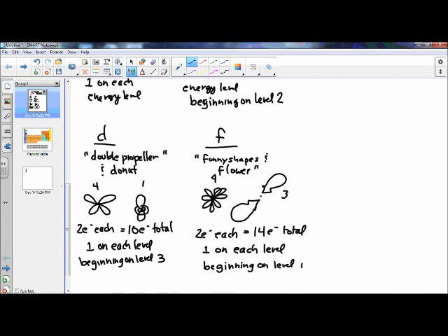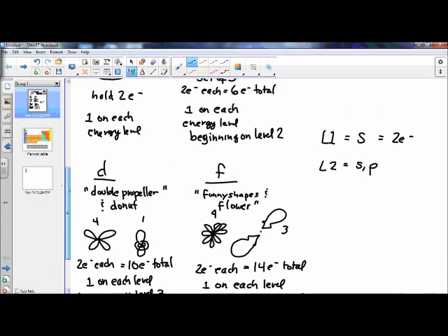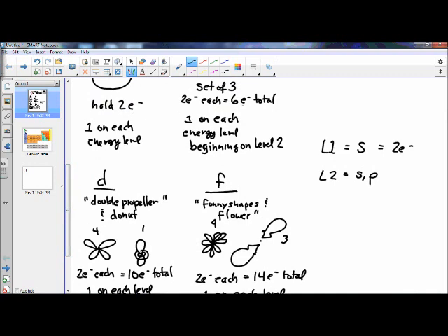And these are on level 4. If we look at level 1, this is equivalent to an S set, so there are 2 electrons total. On level 2, there's another S and a P. Remember, the S can hold 2, the P can hold 6, so there are 8 electrons total.